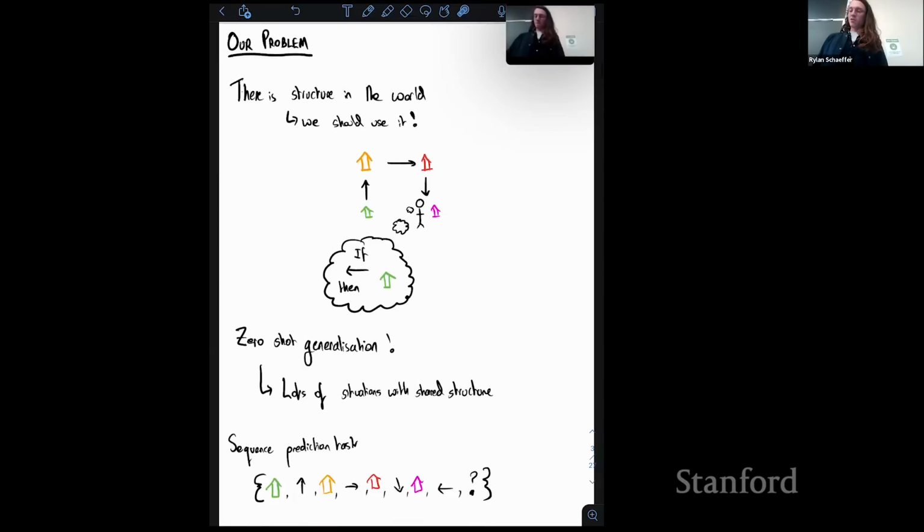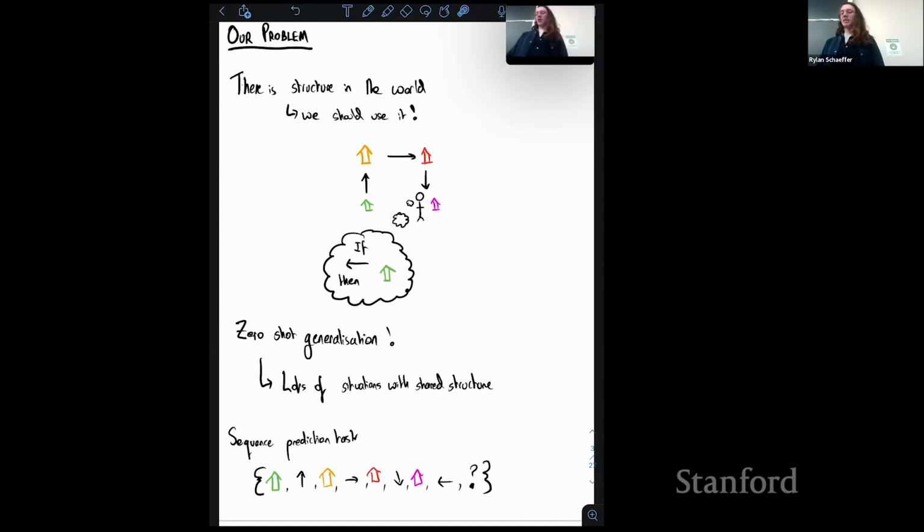You may be able to see how we're already going to start mapping this onto a sequence prediction task that feels a bit transformer-esque: you receive a sequence of observations and, in this case, actions, movements in space. And your job, given a new action, step left here, is to predict what you're going to see. That's the sequence prediction version of it.